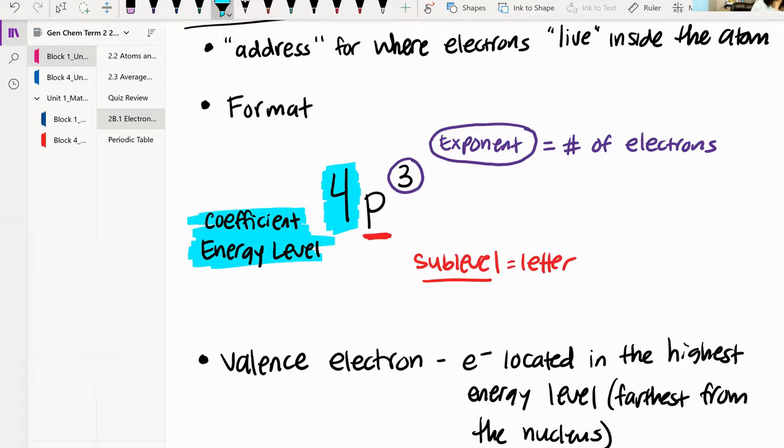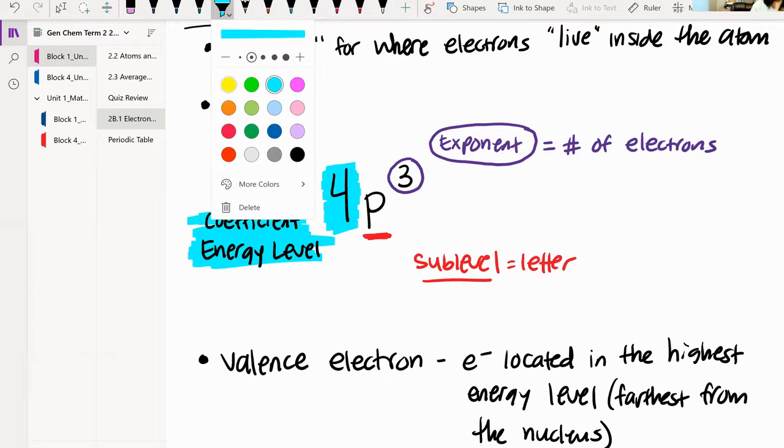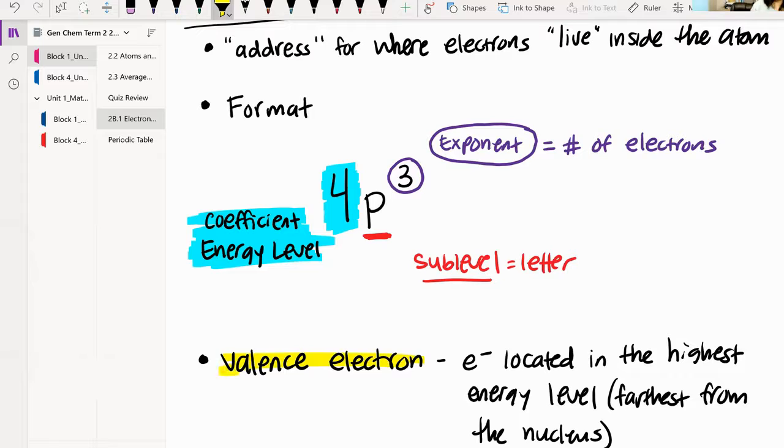And so that's a new vocab word for me. Valence electron. I'm going to go and grab my highlighter. Valence electron.